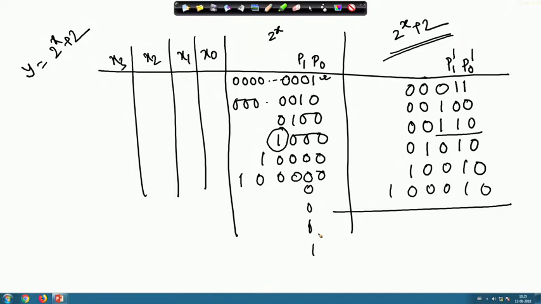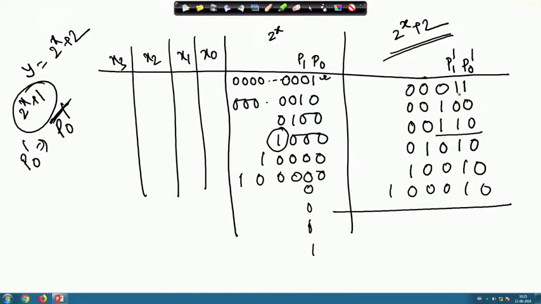So in the earlier case, whenever we were doing 2 to the power x plus 1, what we have seen is that the P0 dash position was changing, that was P0 bar.